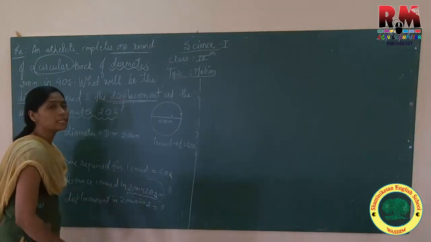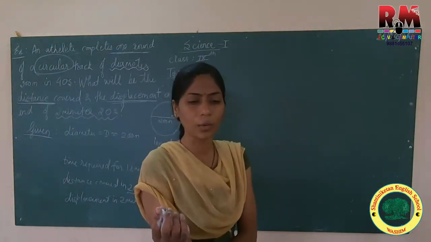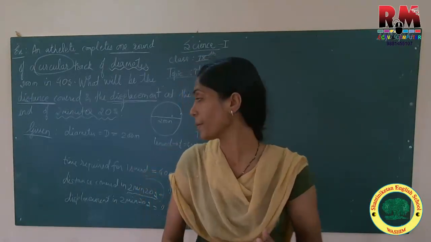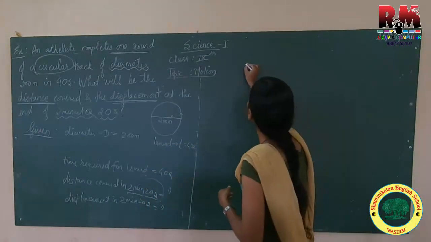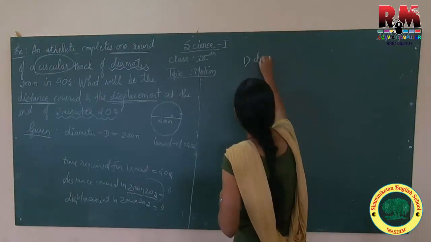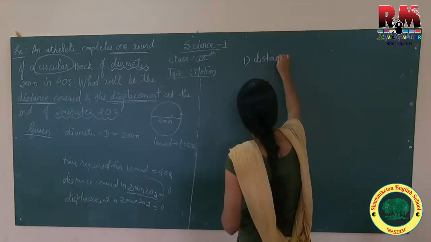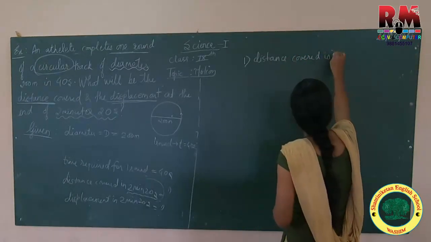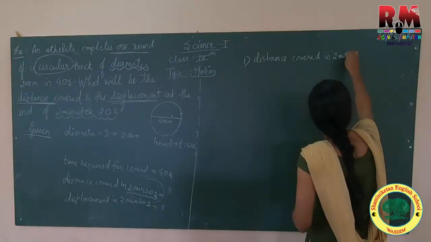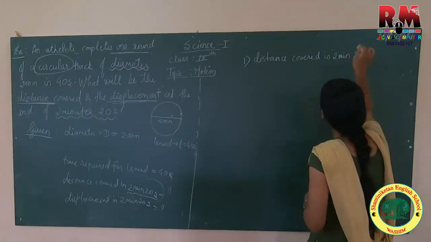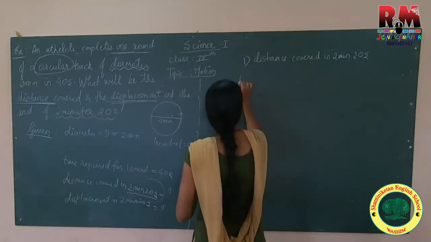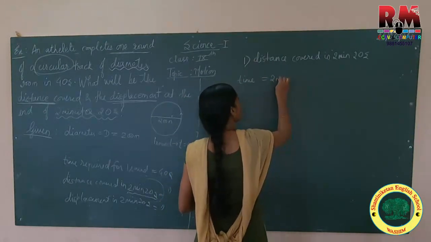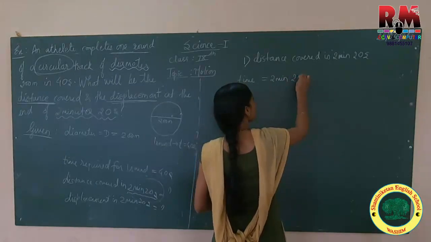Now let us see how much distance is covered, or distance travelled, for how many rounds. So first, time for finding distance covered in 2 minutes 20 seconds.